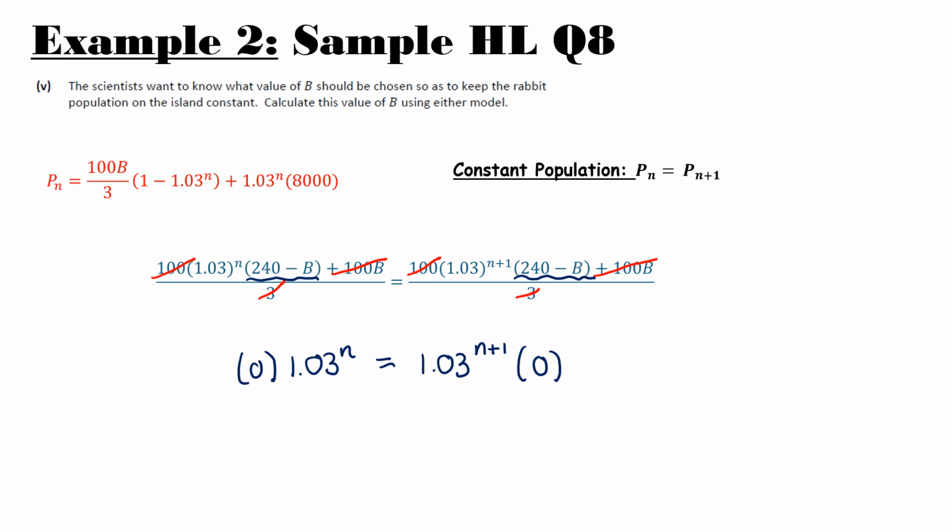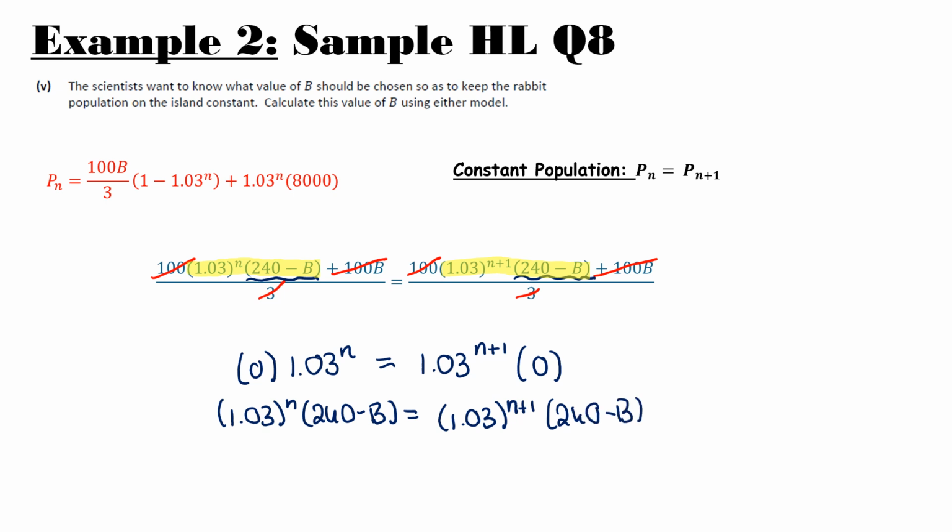So the only way that that could be true was if this were 0, and the only way to make them 0 is by looking at that bracket. The 100 that we cancelled off was fine because 100 is 100, it's not 0. So what we need to think about is, right now we have 1.03 to the power of n times 240 minus b, and we want to know when this is equal to 1.03 to the power of n plus 1, 240 minus b.